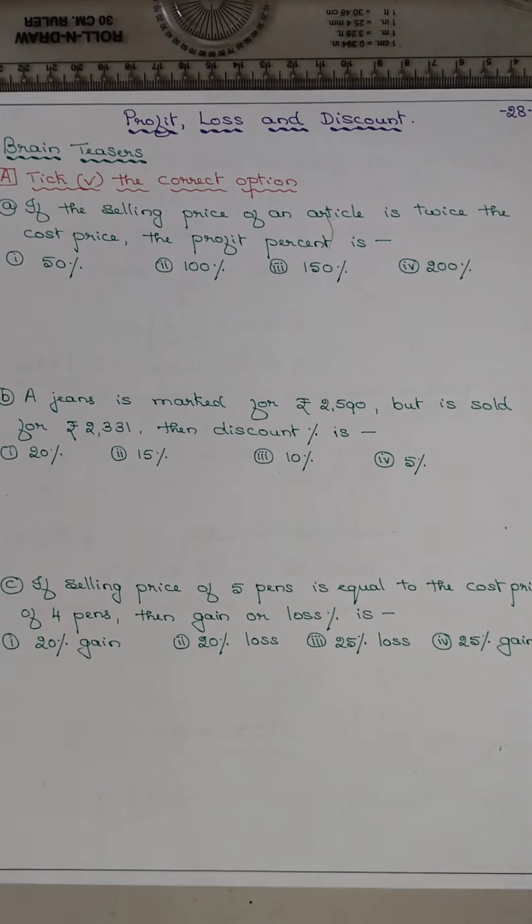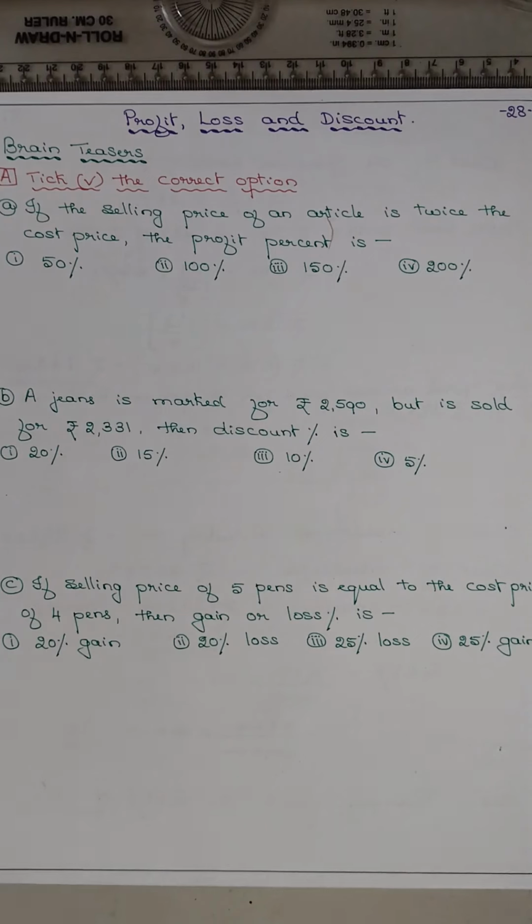Let the cost price be rupees X. It is tick the correct option, but how will you solve it? First, let the CP be X. And SP will be how much? It is twice, so SP will be 2x, isn't it?